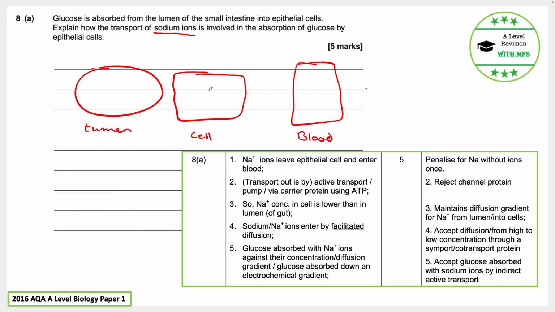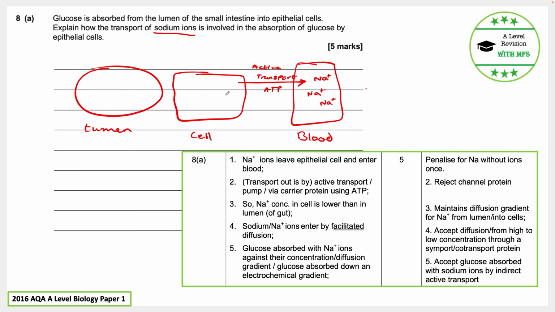We've got a high concentration of sodium ions in the blood and a lower concentration in the cell. So sodium ions are going to move from the cell into the blood, and that's going to happen via active transport, and ATP is going to be required because there's more sodium ions in the blood compared to in the cell.